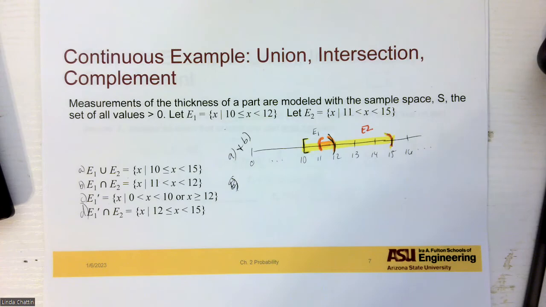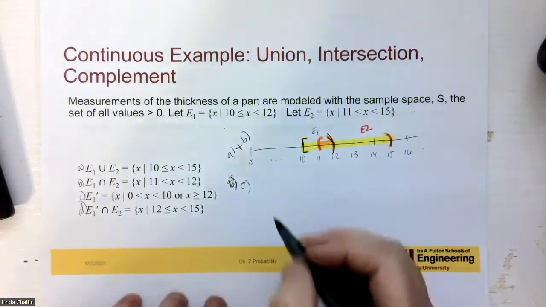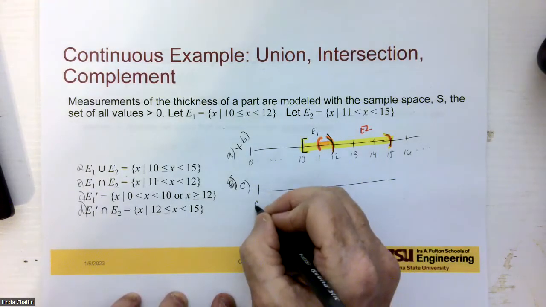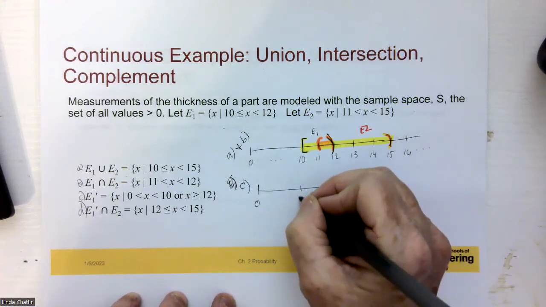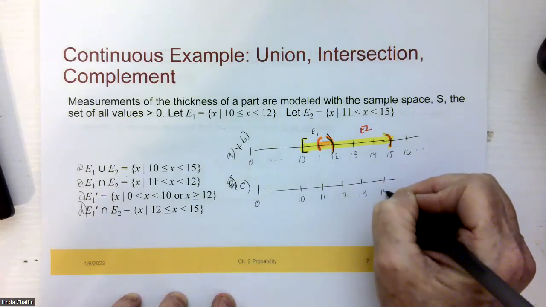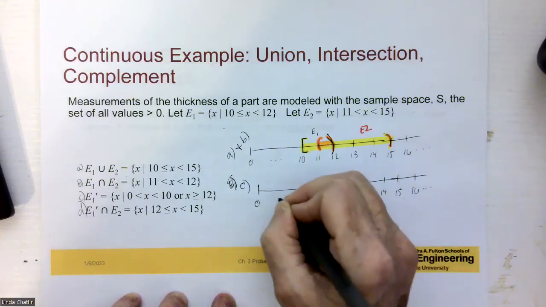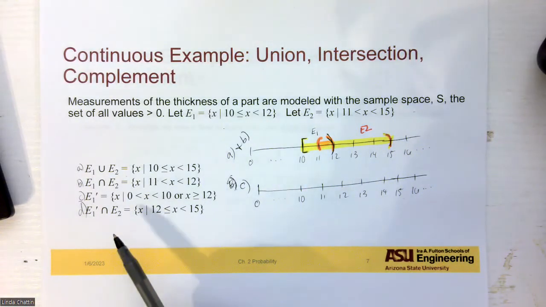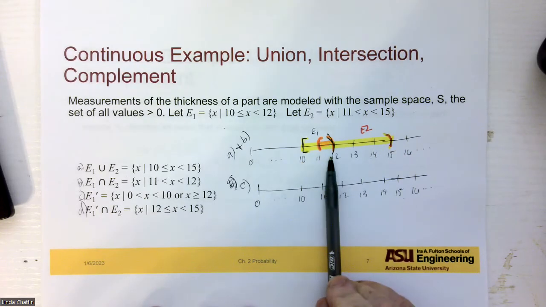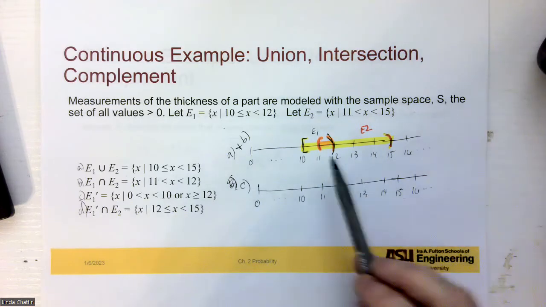Now, how about part C? So we've got, let me redraw E1 and E2, or maybe, I don't know if I want to do that just yet. Hang on a second here. 12, 13, 14, 15, and say 16, and then it goes on and on. So now we want E1 prime. So E1 is between 10 and up to and including 12. So E1 prime is everything that isn't E1.